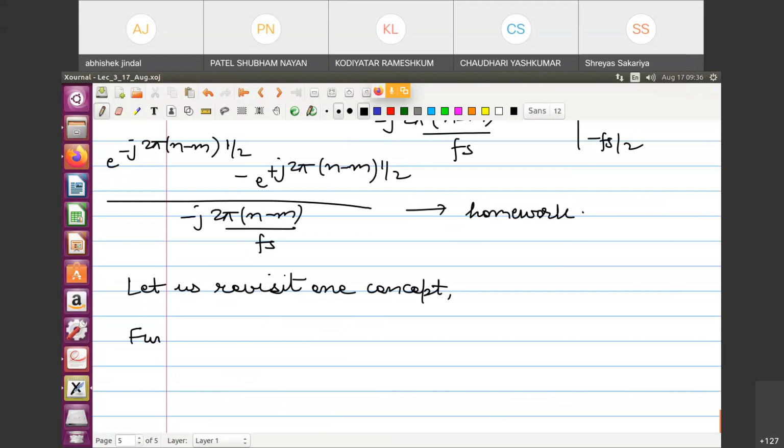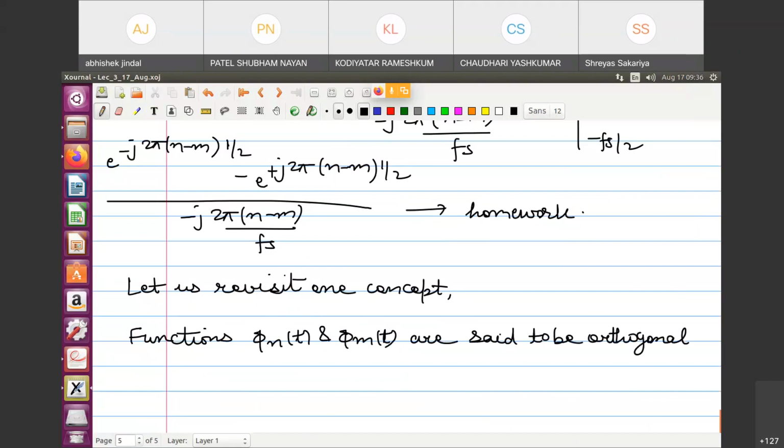Functions phi n(t) and phi m(t) are said to be orthogonal with respect to each other over the interval if they satisfy the condition.